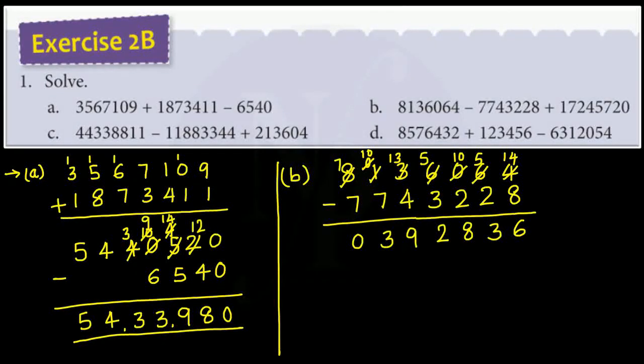So we should add. Let us write down the numbers first according to the place values. Now let us add these two numbers.